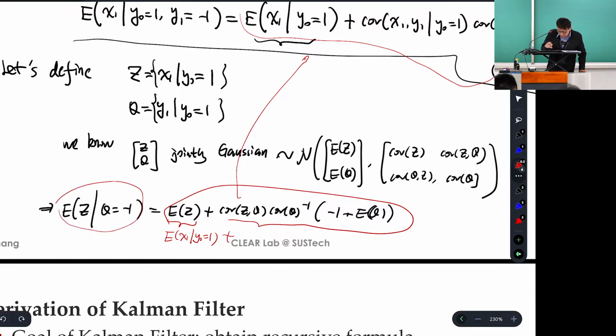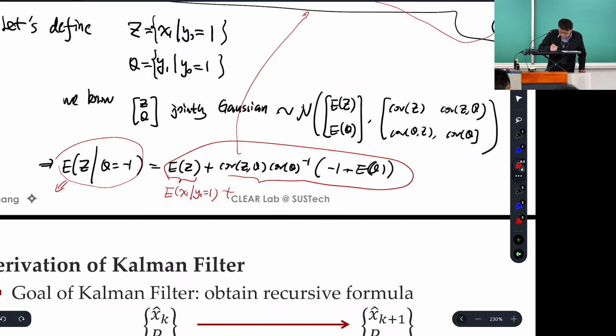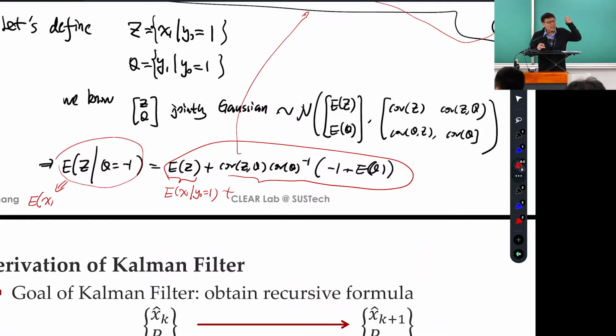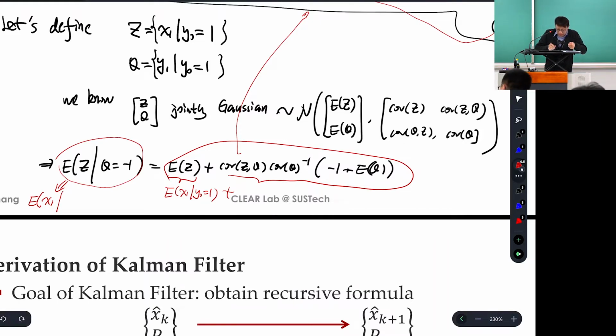And it may take some effort for you to see this is nothing but the expectation of what? x1, because z is about x1, and given y0 equal to 1 and y1 equal to -1, because q is y1. Okay.